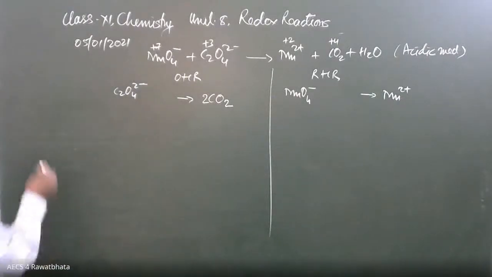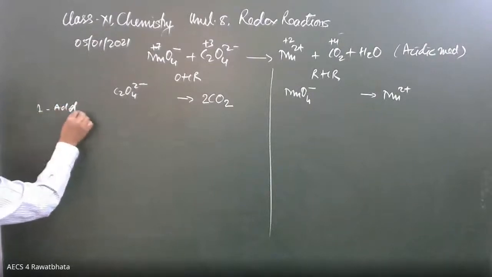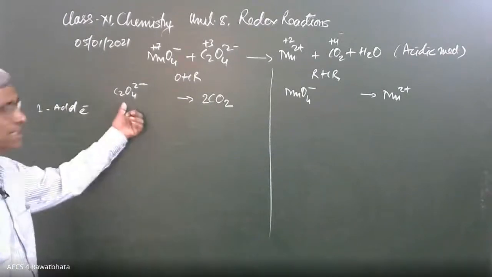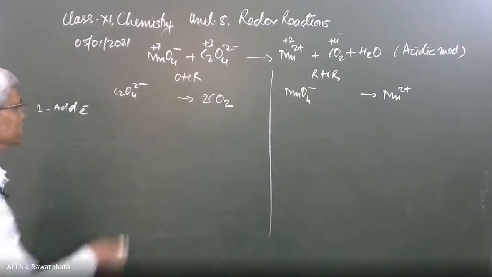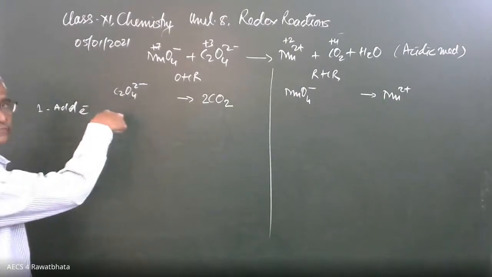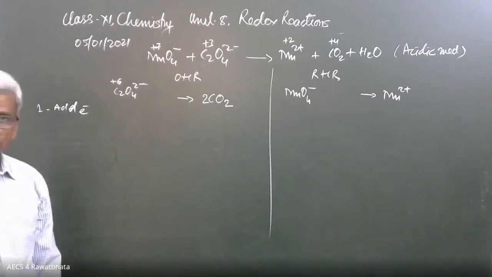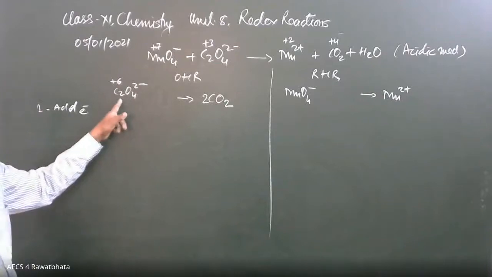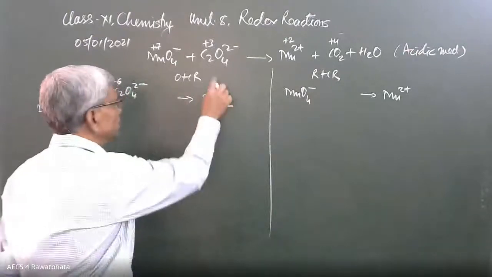This is step 1. Step 1, add electron. And this electron we have to add as per the change in oxidation number. This is oxidation, so we have to add electron on the right side. Loss of electron is there. Total oxidation state we have to see for that. Carbon, its total oxidation state is plus 6. Each oxidation state is plus 3, 2 carbon, that's why plus 6. And here 2 carbon plus 8. Plus 6 is going to change into plus 8.